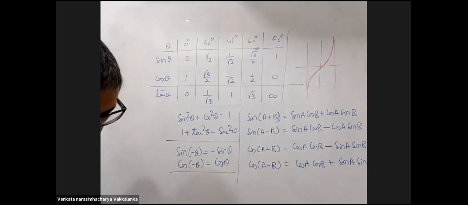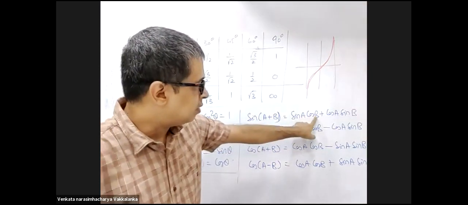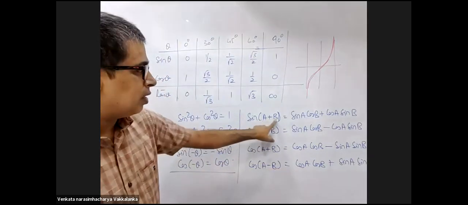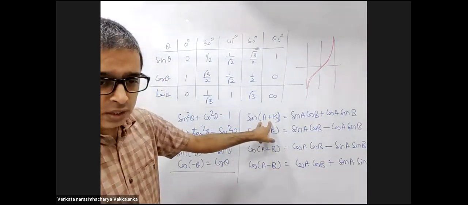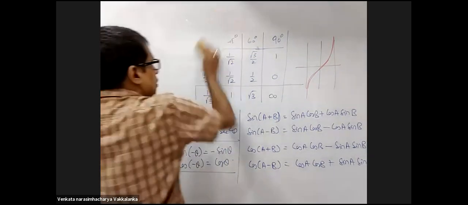Can you again explain the double angle formula? Put A is theta, B is theta. Sin A plus B is sin theta cos theta plus cos theta sin theta. Will it become sin 2 theta? Yes, sir.